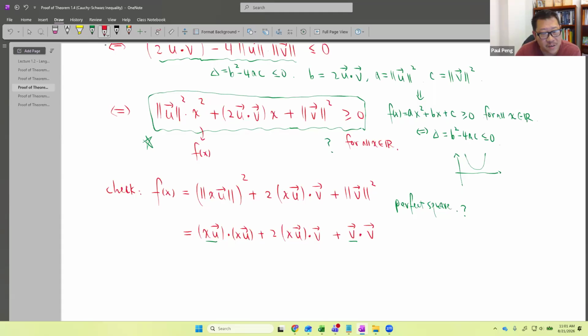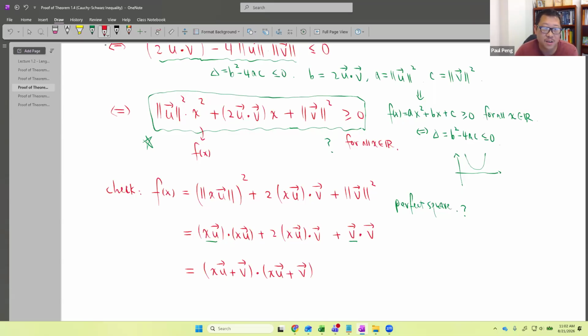So therefore, this is a perfect square. It's xu plus v, and then dot xu plus v. Can you see?